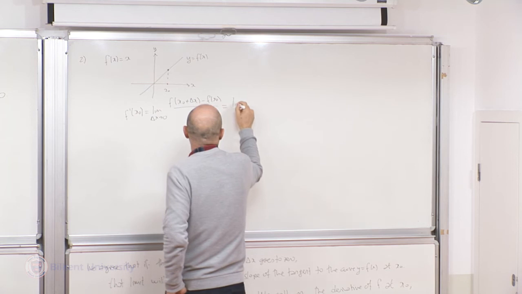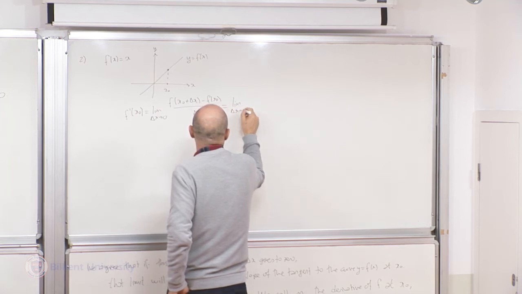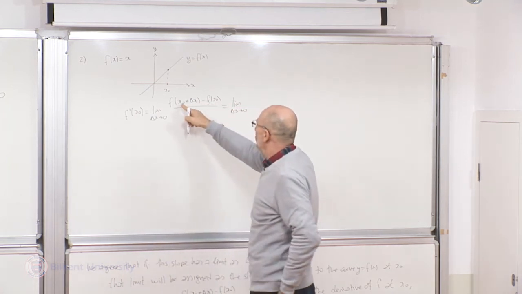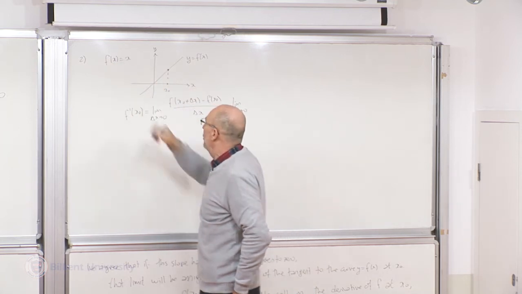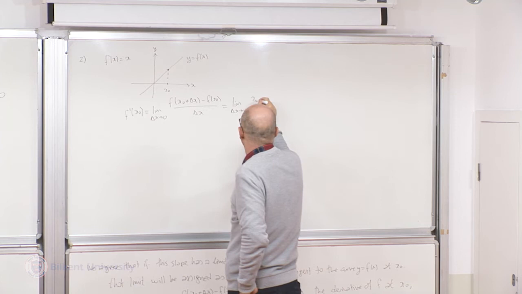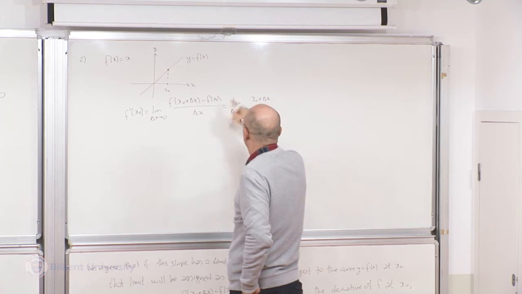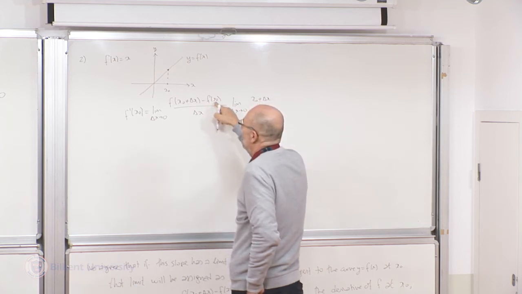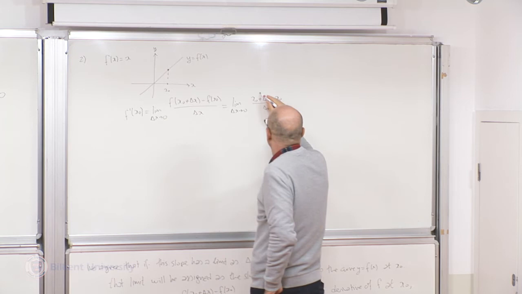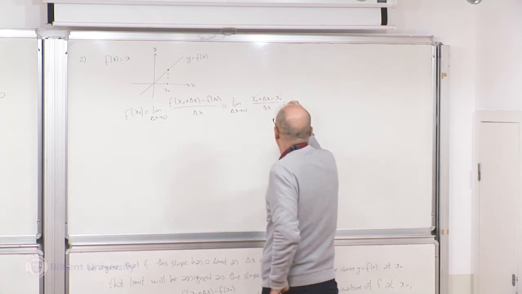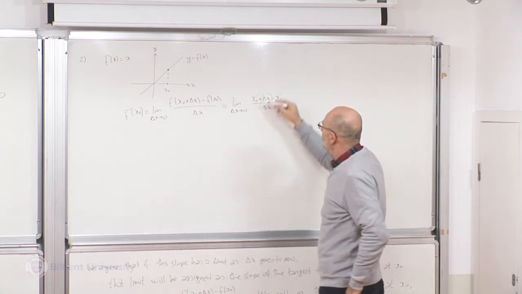Okay, so let's see. Delta x goes to 0. Okay, so this is f at this point. f at every point sees the point as it is. So this is x sub 0 plus delta x minus f of x sub 0, which is x sub 0, divided by delta x. These cancel. So I have delta x over delta x.